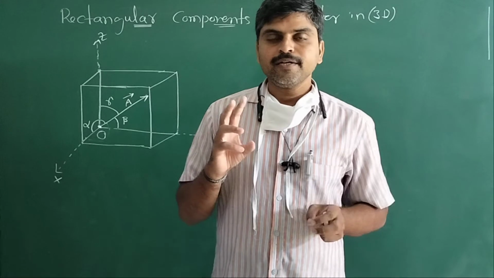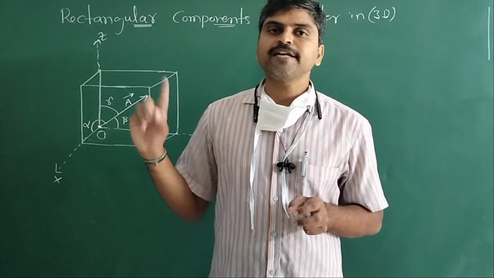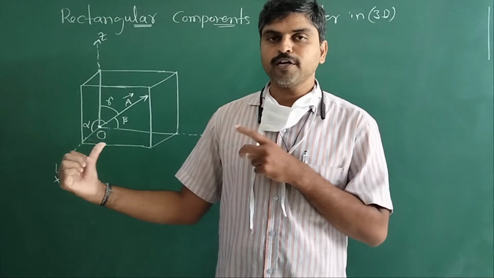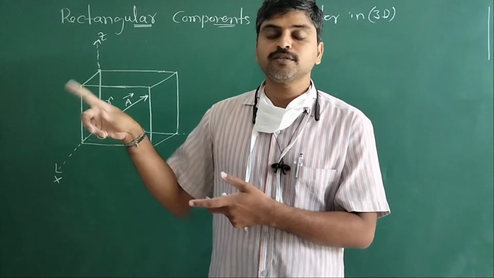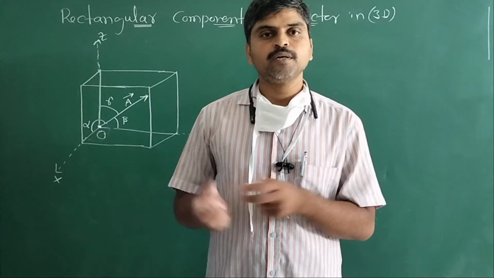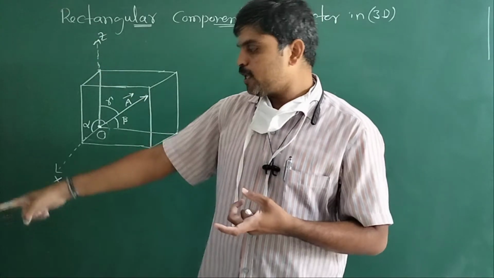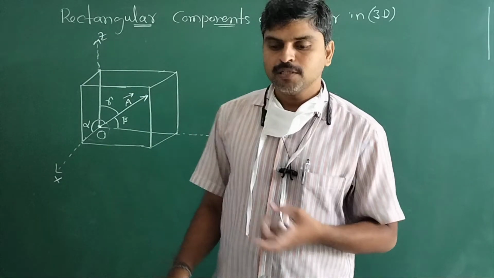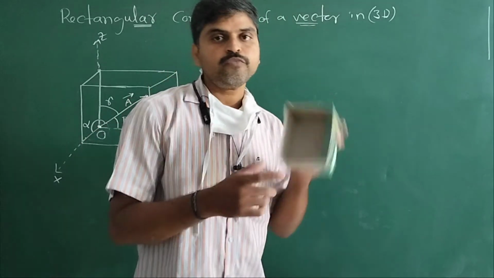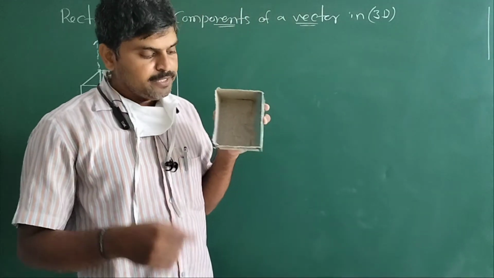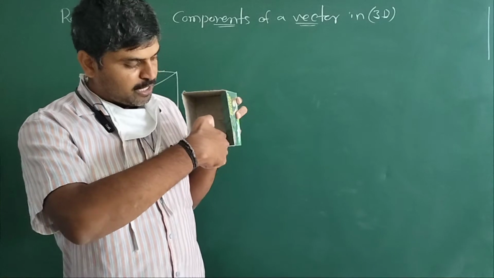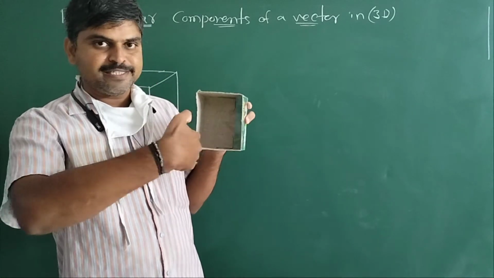Okay, so three axes, three directions, that is, three mutually perpendicular. Mutually perpendicular means the angle between any two is 90 degrees. For suppose this is one room, and this is one corner, two, and this is three.